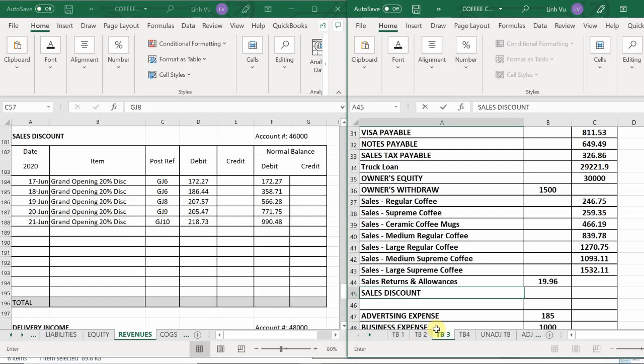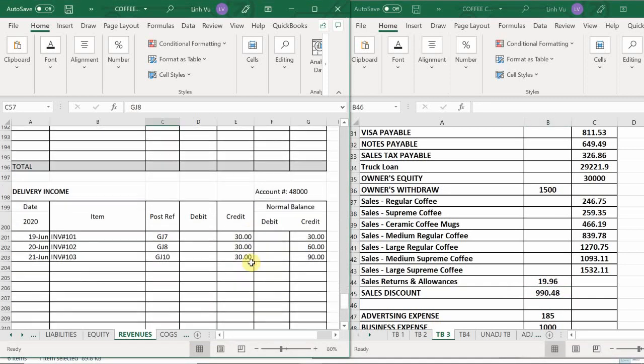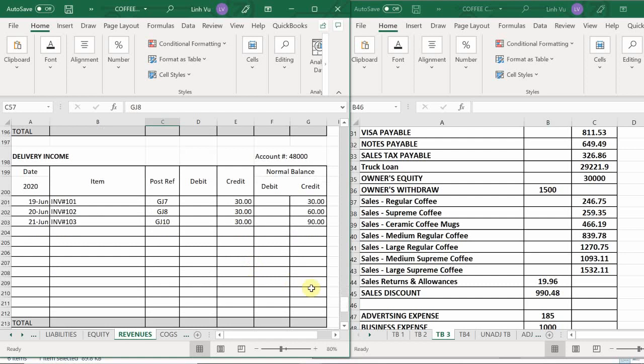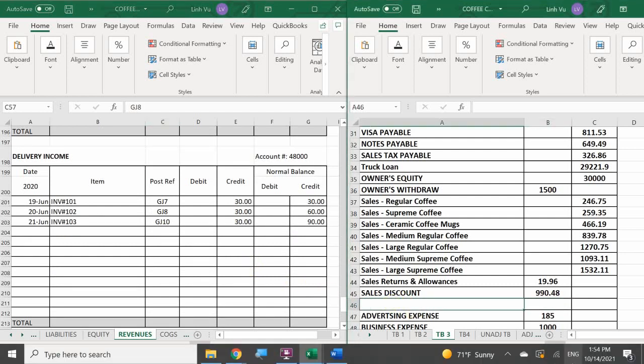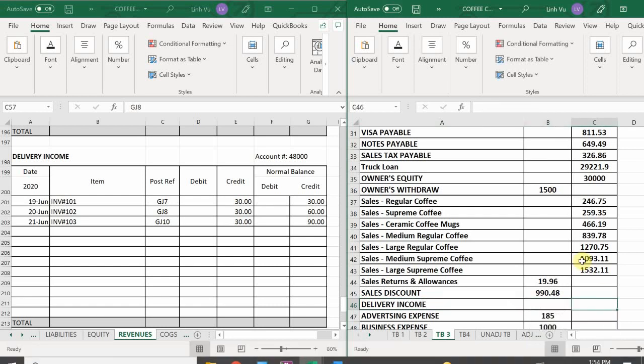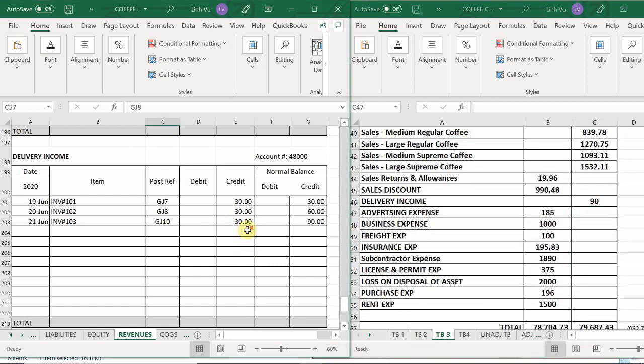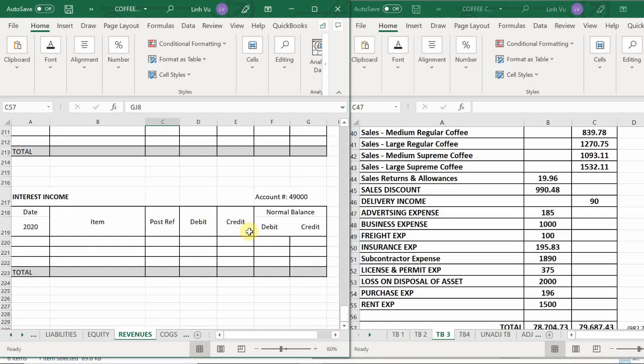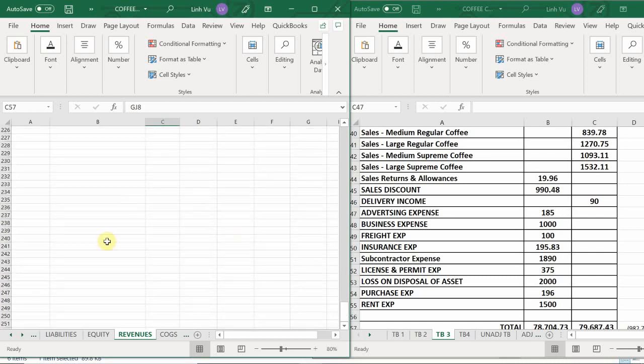The debit, for 990 and 48 cents. Okay. We have delivery income, $90 on the credit. Okay. Then we have interest income, and that's it. Okay.